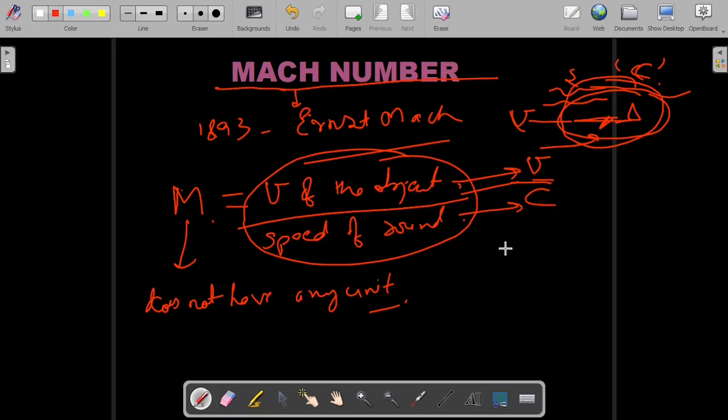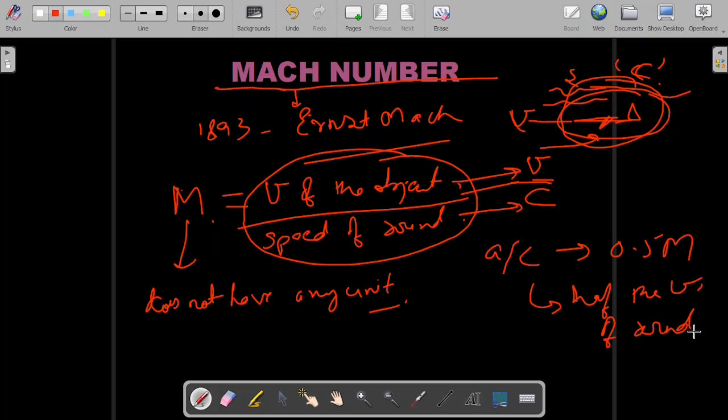So if we say any aircraft is going at 0.5 Mach, that means it is moving at half the velocity of sound in that surrounding.